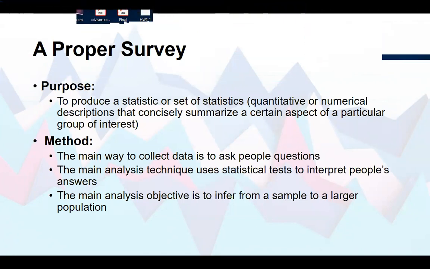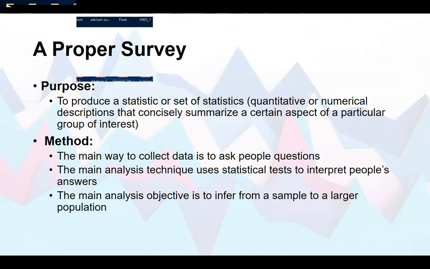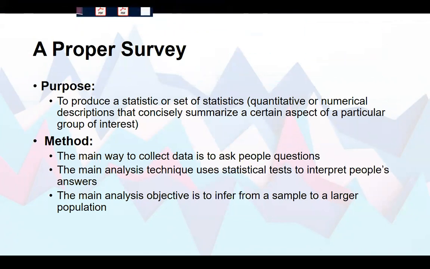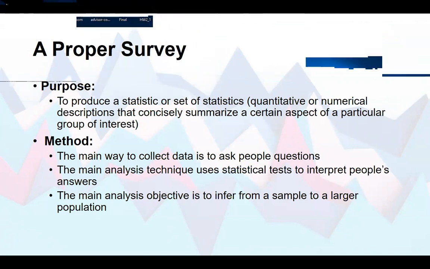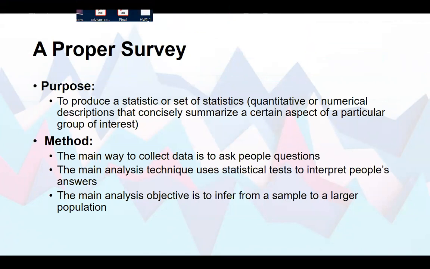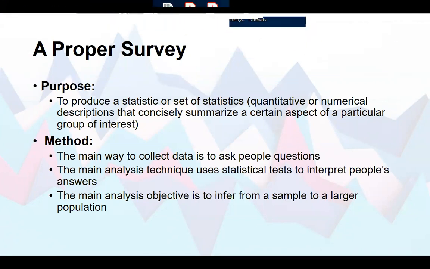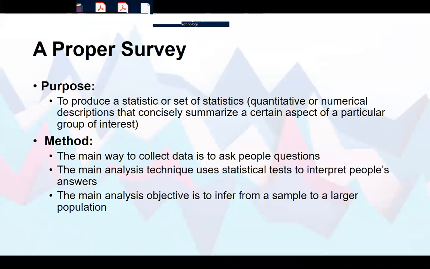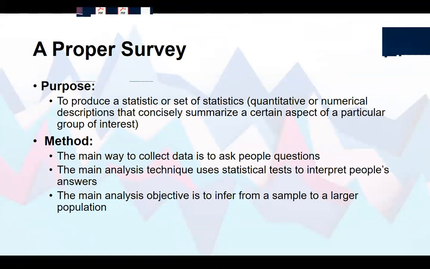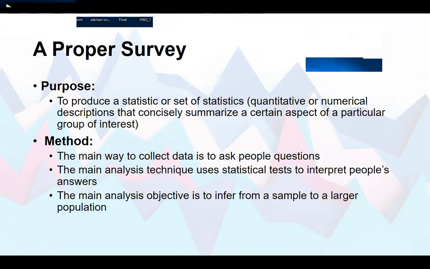For example, what is your religion? Where did you grow up? Those types of things will give you qualitative responses from your survey questionnaire. But in order to do the analysis, you know that at the end of the day, you have to take those qualitative responses, turn them into a number to prepare them for your statistical tests. So ultimately, you go about getting those numbers by asking questions.